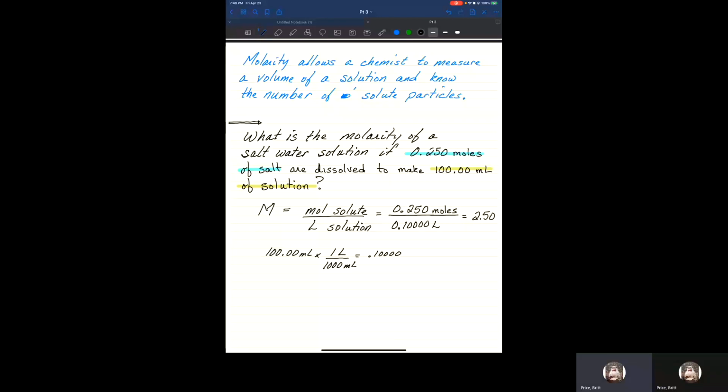Let me write that answer down a line here. 2.50 capital M. So capital M is our molarity.